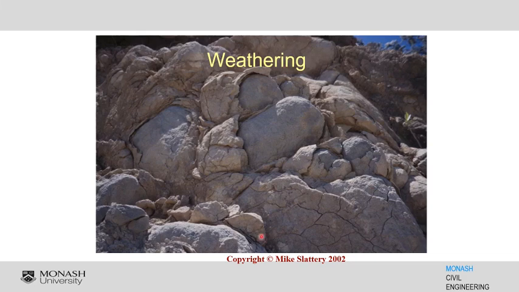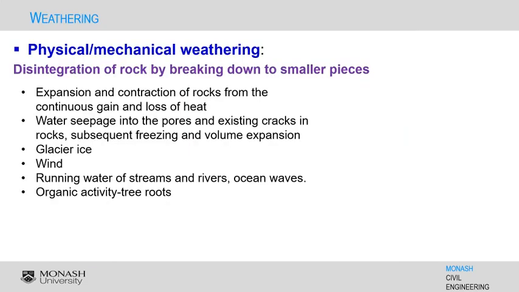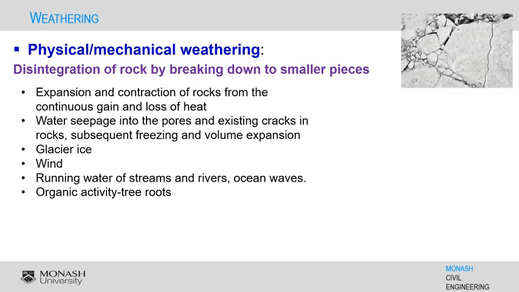Weathering is the process of breaking down rocks by mechanical and chemical processes into small pieces. Mechanical weathering may be caused by the expansion and contraction of rocks from the continuous gain and loss of heat, which results in ultimate disintegration.